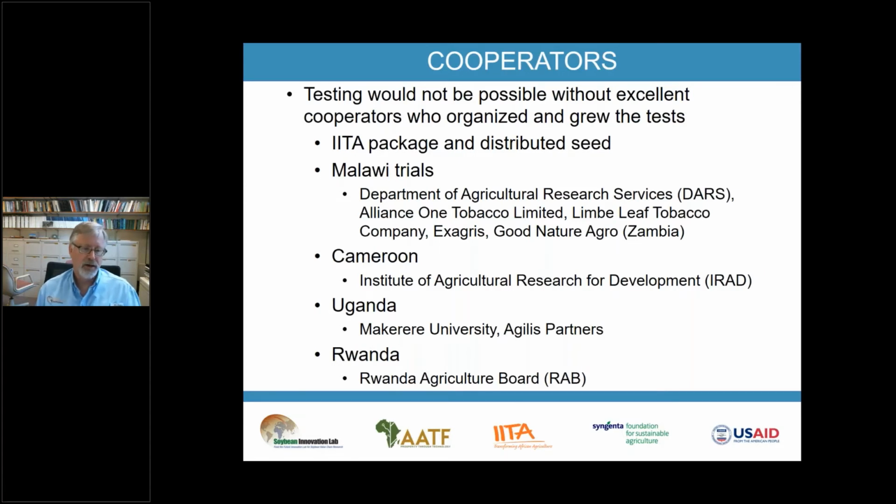So they're located right across the border from Malawi, but they were growing the Malawi trial. In Cameroon, the work was done by the Institute of Agricultural Research for Development. In Uganda, it was grown by Makerere University and Agilis Partners. And in Rwanda, the trials were grown by the Rwanda Agriculture Board.